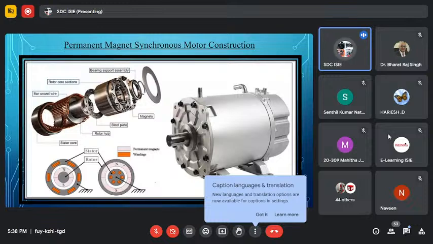We can't directly connect our battery or power source to this PMSM motor and make it run. We need a controller to control the speed and the torque. There are various types of techniques used there.